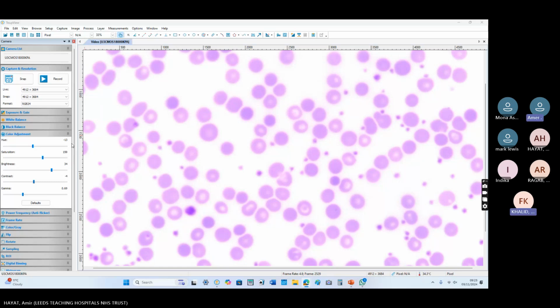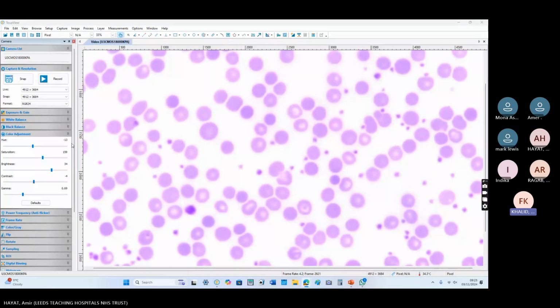The blood film is first reported by the BMS or the lab hematologist, and he made a comment that the blood film shows marked thrombocytosis, excludes secondary causes. If any concern, contact clinical hematologist. Okay, so what I can see from the picture on the slide, there are a couple of spherocytes.